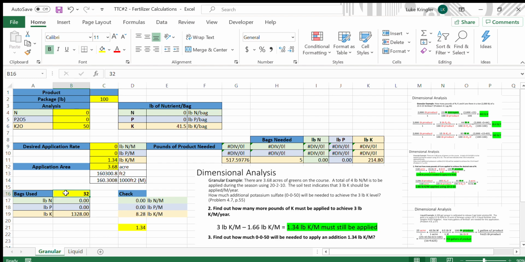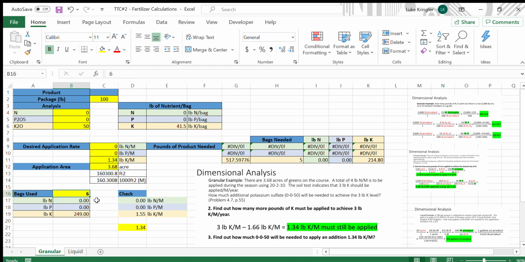It's going to be a little less here because this would require 5 bags and a little extra, but I'm just rounding to this whole number, so you could even check in here with the 6, and you see that now you're applying about 0.2 of a pound extra per 1,000 if you were to do that.